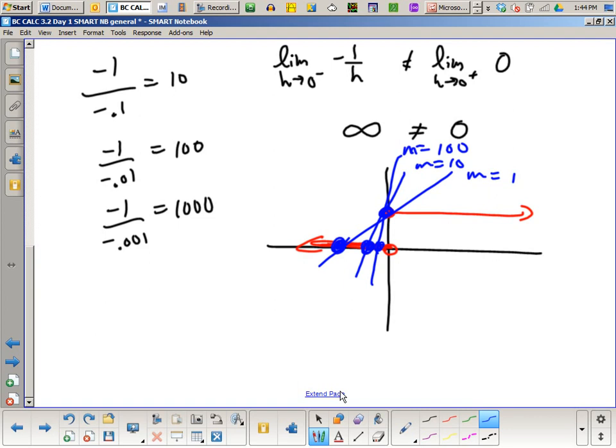If you pick that 0 point and you pick a point on the left, that line is getting steeper and steeper and steeper. It's going to infinity. But if you do that on the right side, if you pick the 0 and a point on the right, the secant line always has slope 0 no matter where you draw it. So you might have to do this on your homework. Just follow your notes.